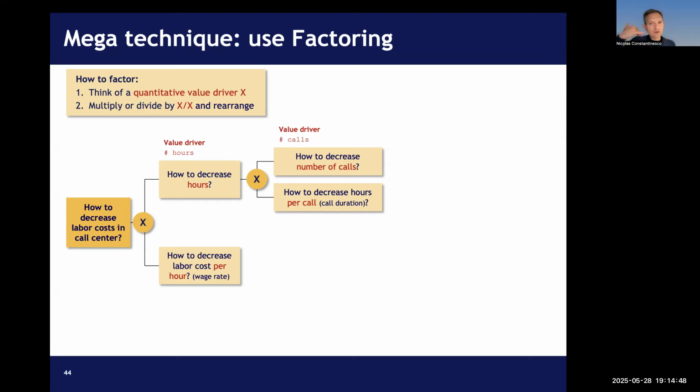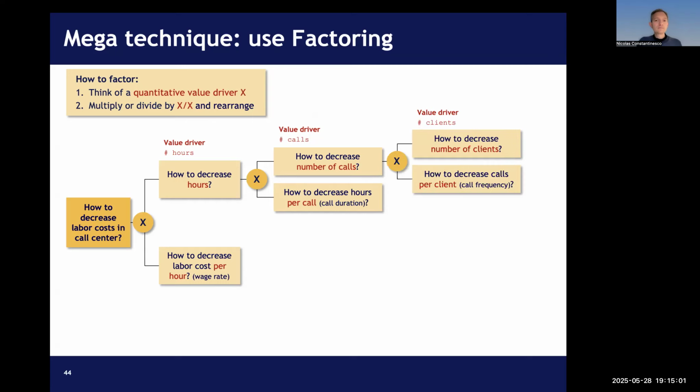Another interesting insight or concept. And then the number of calls, what drives that? Probably the number of clients that we have. So how to decrease the number of clients and how to decrease calls per client.